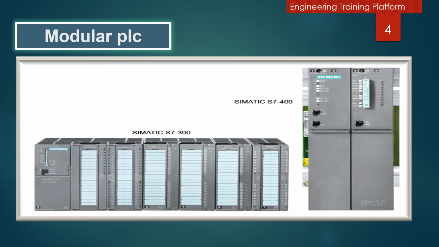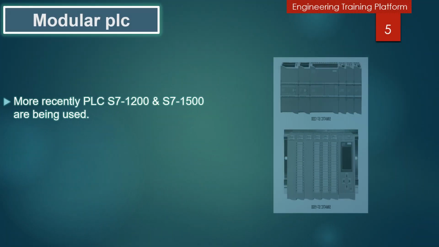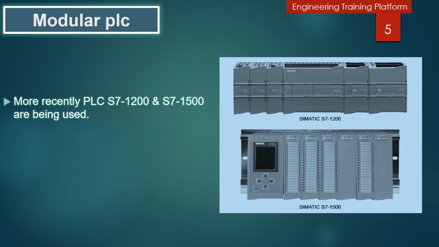For example, S7-300 and S7-400 PLCs have been in service for many years. Now you can see in the picture another type of modular PLC, Simatic S7-1200 and Simatic S7-1500. More recently, the S7-1200 and 1500 PLCs have been introduced.